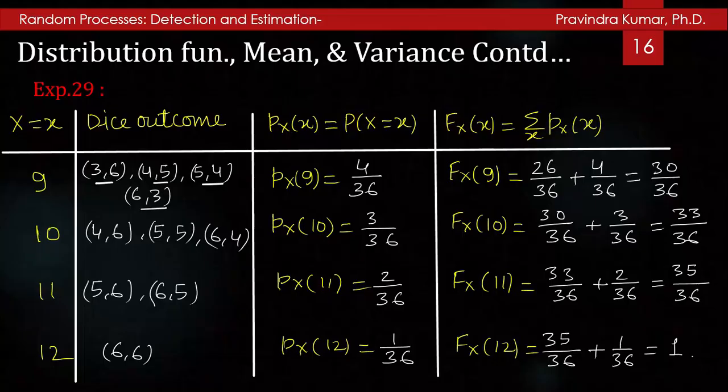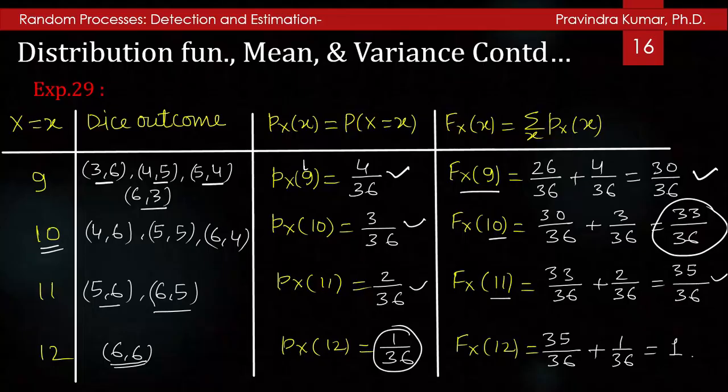So the PMF at x is equal to 9 is 4 by 36, and the CDF is 30 by 36. When x is equal to 10, the PMF will be 3 by 36, and the CDF is 33 by 36. For x is equal to 11, the PMF will be 2 by 36, and the CDF is 35 by 36. And for 12, only one outcome, 6 and 6, so the probability will be 1 by 36, and the CDF is 1.